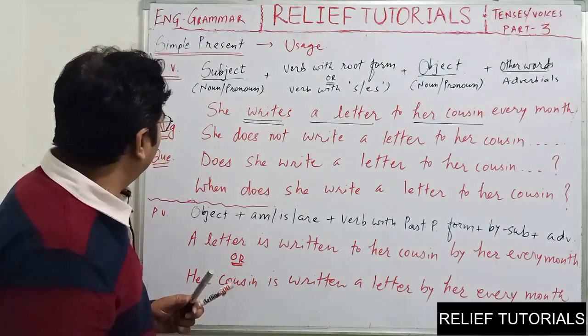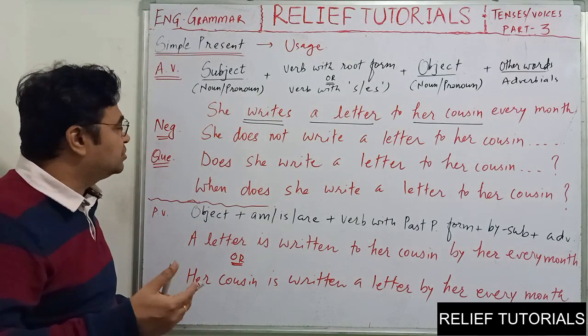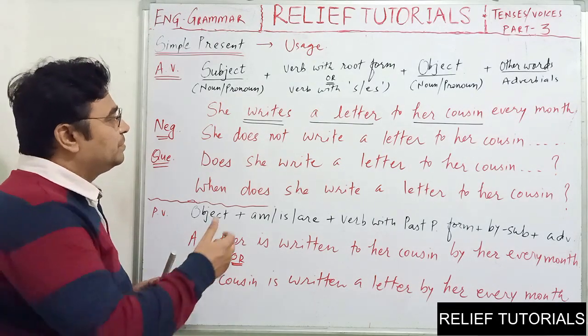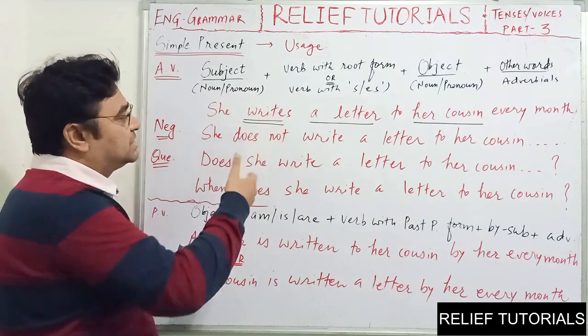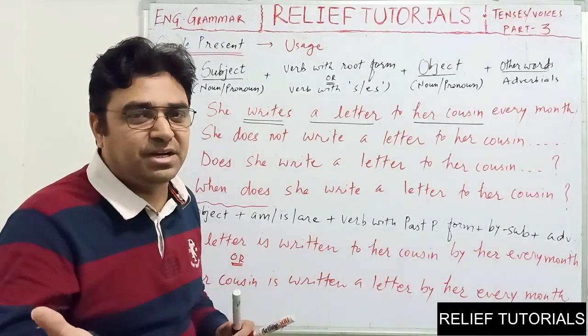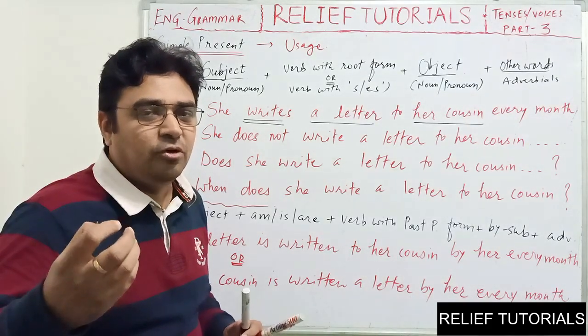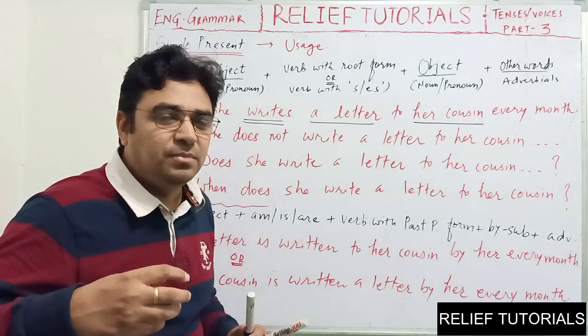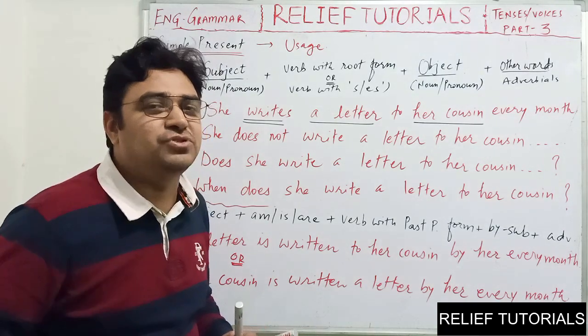So we have the example of negative as well as question statement. So normally simple present tense does not have any auxiliary verb or helping verb. So just to make it negative, we have to derive an auxiliary verb like do or does from the outside.